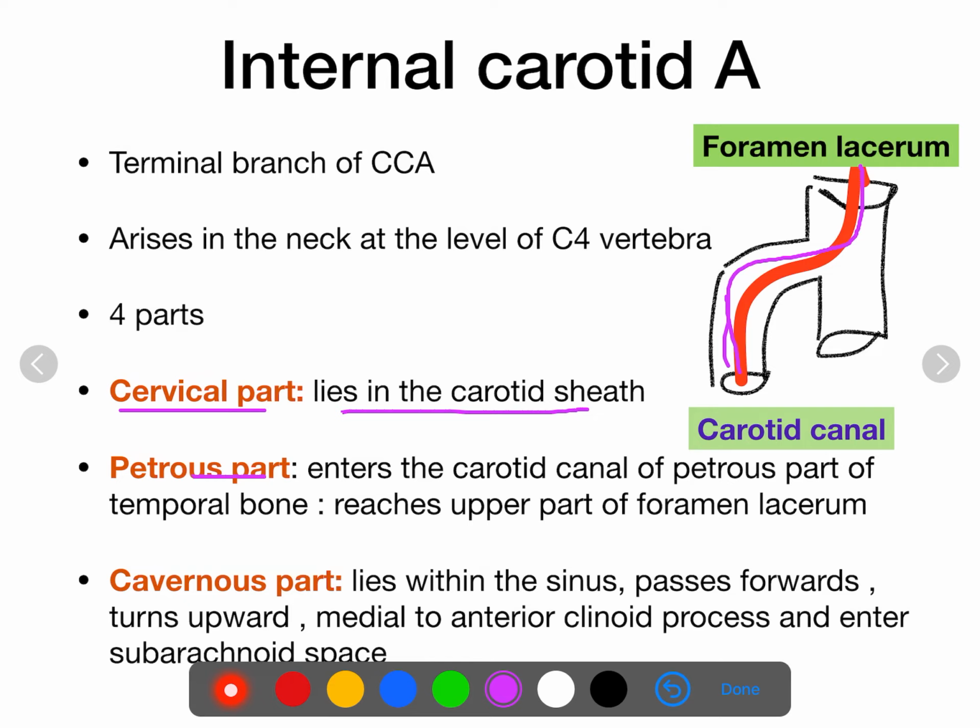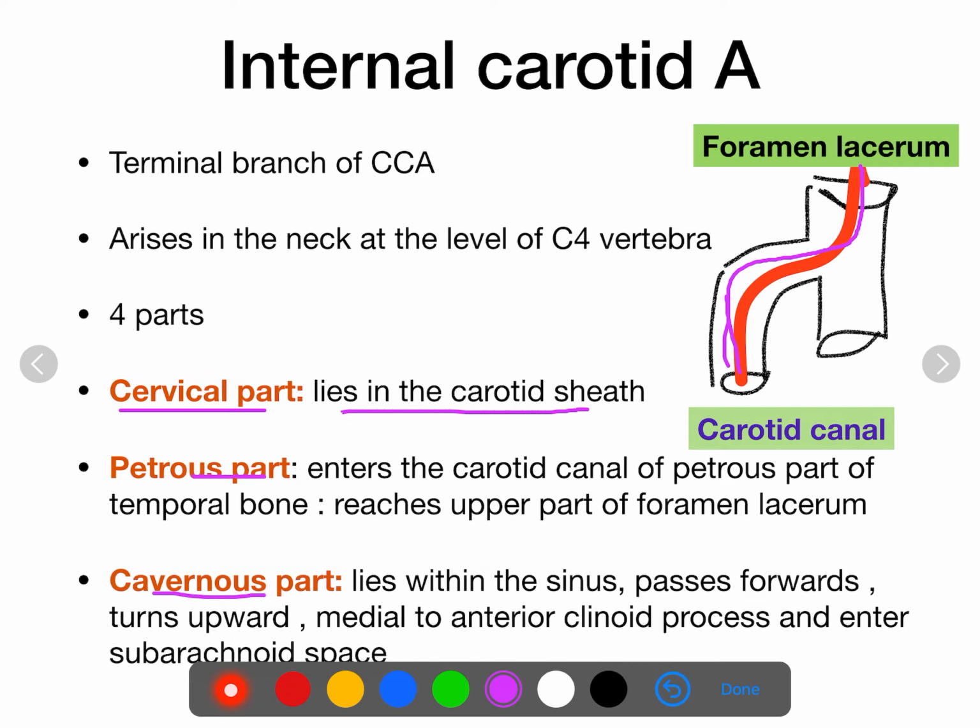Now the third part is the cavernous part, which lies in the cavernous sinus, within the sinus, between the periosteal and meningeal layer of the dural sheath. It passes along the floor and the medial wall, and at the anterior end of the cavernous sinus it passes upwards and emerges out. It pierces the meningeal layer, and then it pierces the arachnoid mater and enters into the subarachnoid space.